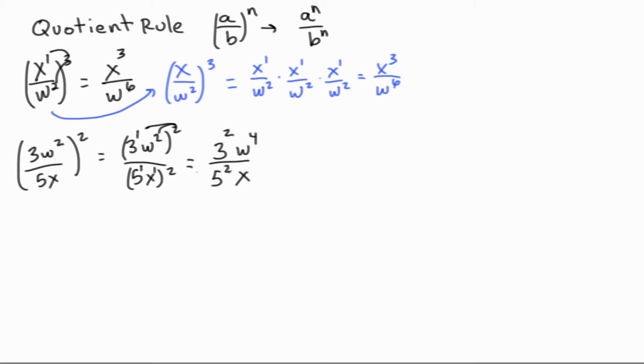The exponent, 1 times 2 is 2. Okay. And then 3 squared is going to be 9, w to the 4th, all over 5 squared is 25. And then don't forget the x squared.